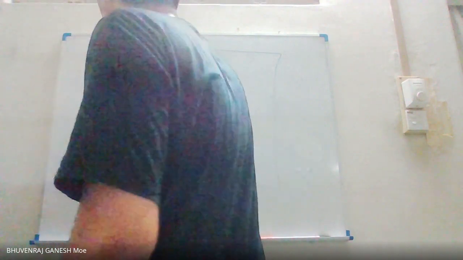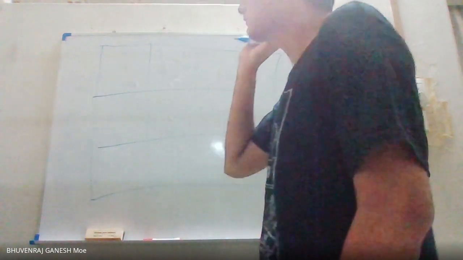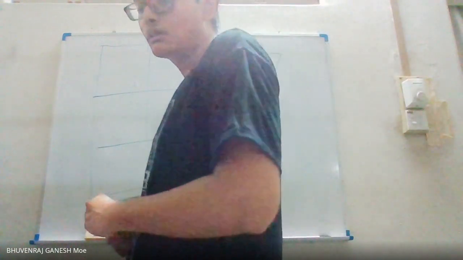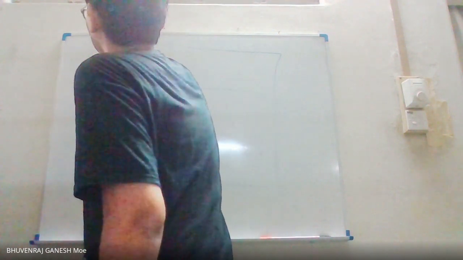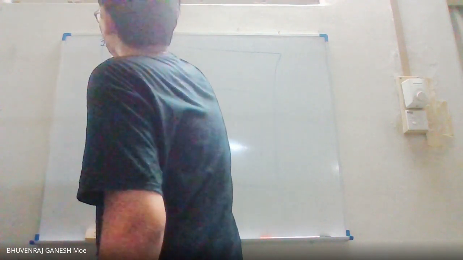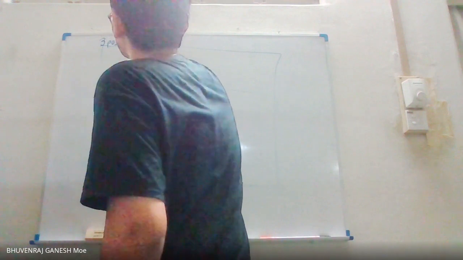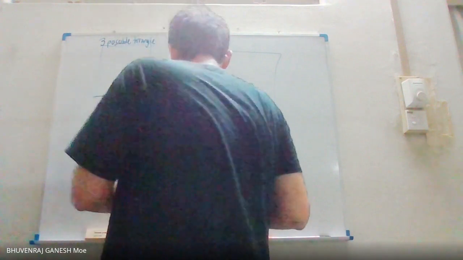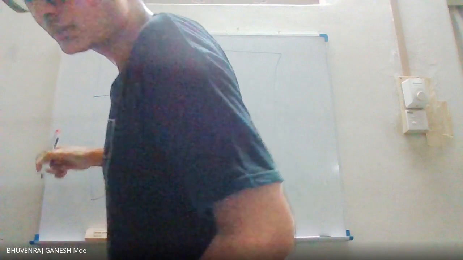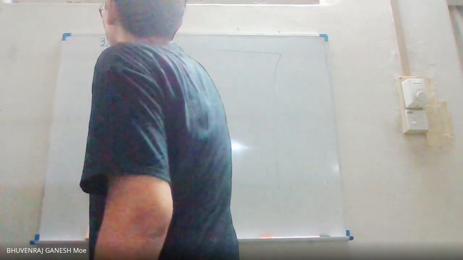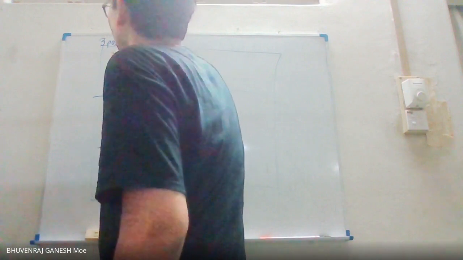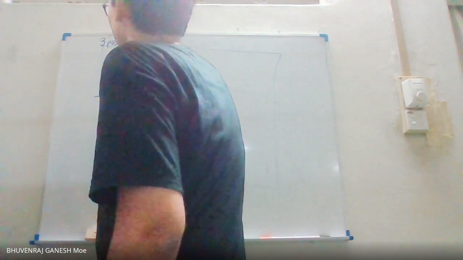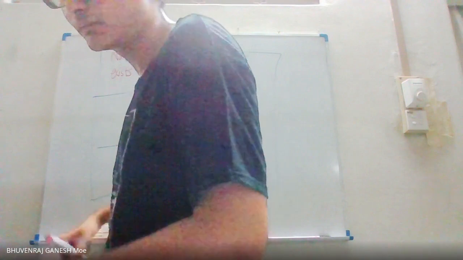These three columns, three rows actually, represent the three possibilities of triangles you can form. Three possible triangles. So the first column is no triangle exists. There can be a situation where you can't actually form a triangle also, because of the length of the side.